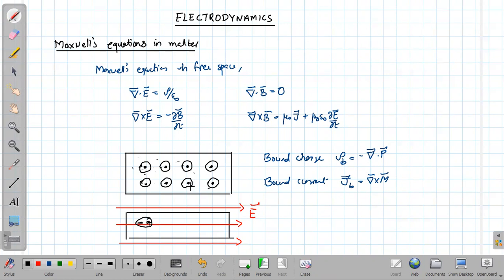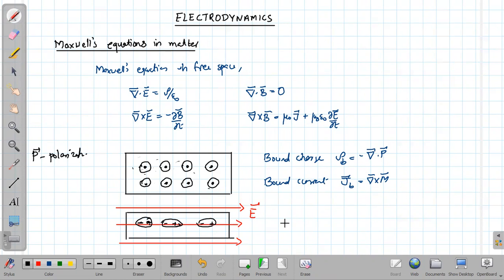That will lead to polarization P. So each atom will dilate, and positive charge and negative charge will get separated. Now this separation of charge will lead to a small current. On the application of a time varying electric field, there will be a small movement of the charges towards right or left depending upon the direction of the electric field.